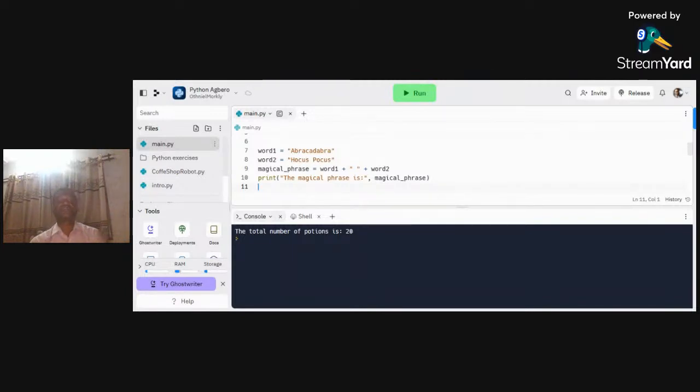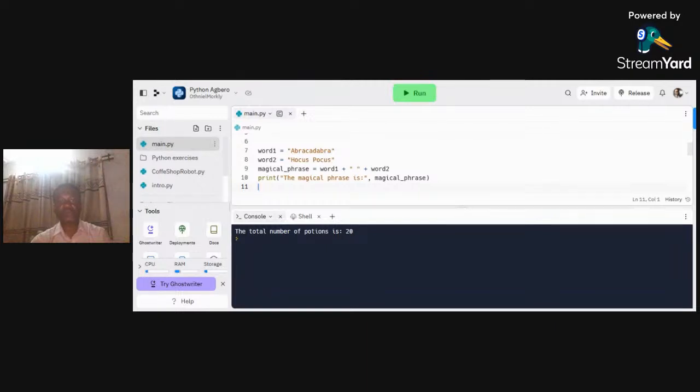So once it's a string, Python doesn't do a mathematical calculation on it, rather, it joins the two together. So we created a third variable called magical phrase, which is made up of word1, and then we put a space.